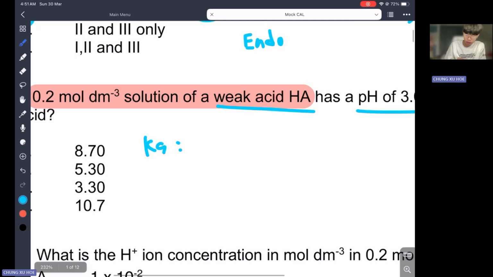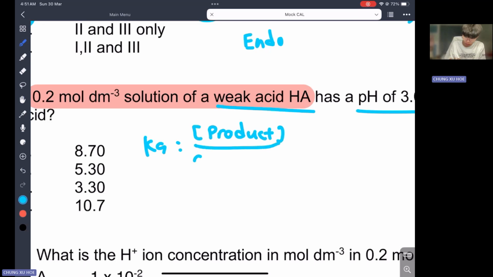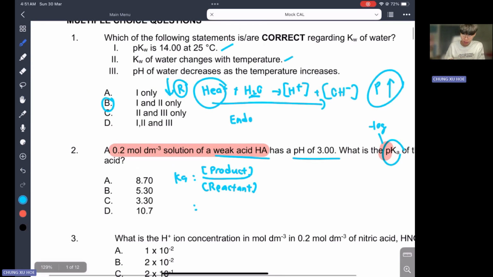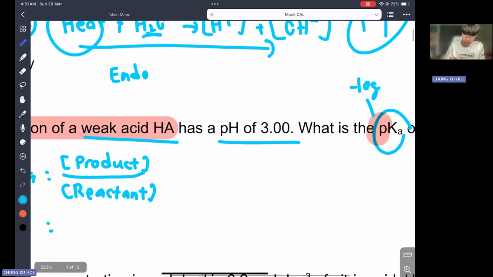So Ka, you must know that no matter what, Ka, Kc, Kb, Kw, the formula is only one: concentration of my product divided by my reactant. So what's my product here? I don't know, but it says weak acid.